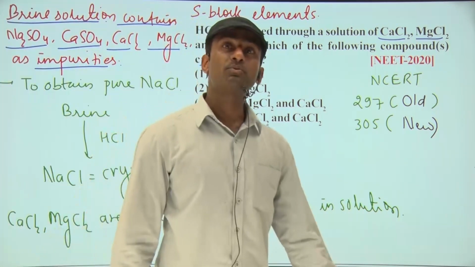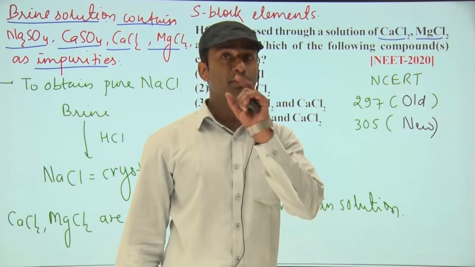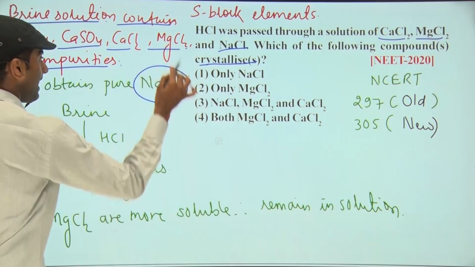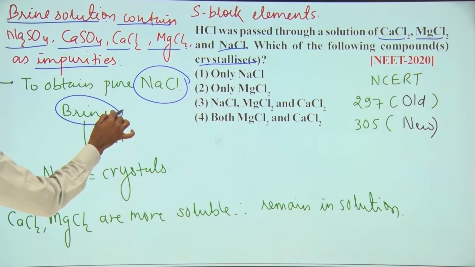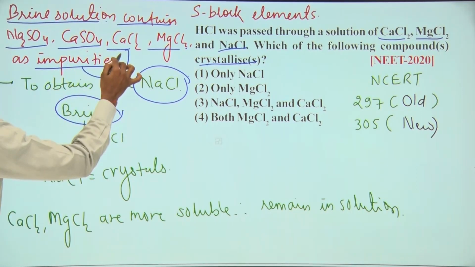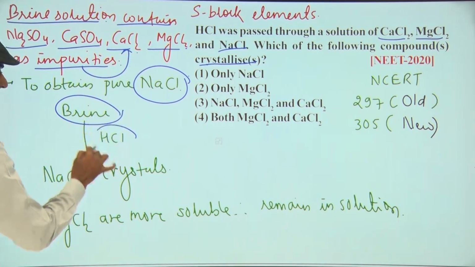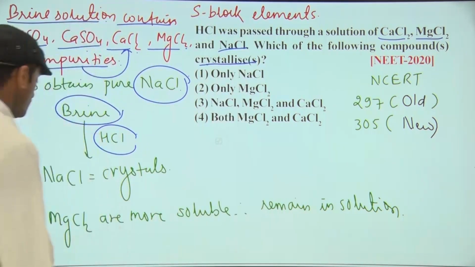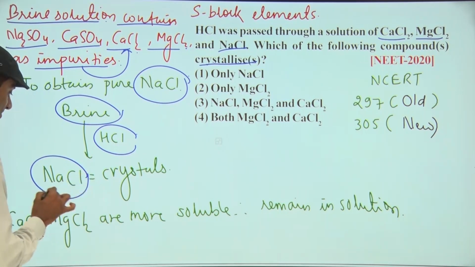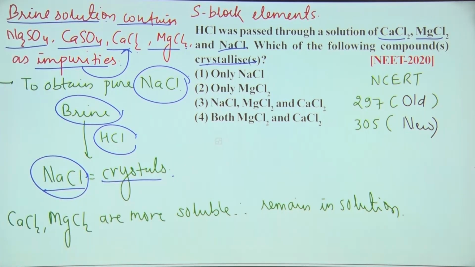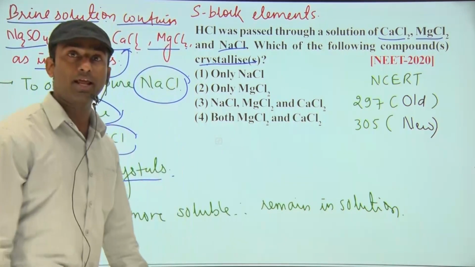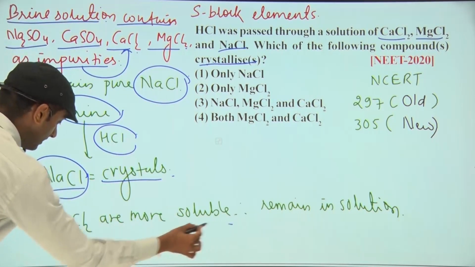If you want to obtain pure NaCl, then we will pass HCl gas. In this brine solution, which contains the impurities of these salts, we will pass HCl till the solution becomes saturated. So we will get crystals of NaCl, while the other salts, like according to the question magnesium chloride and calcium chloride, remain in the solution.